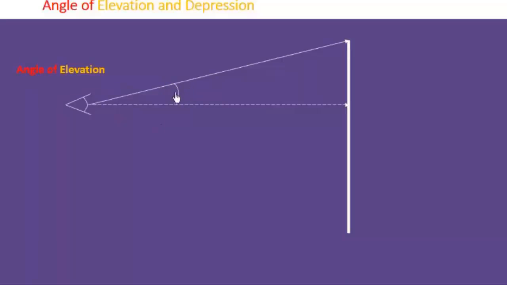That is what we call the angle of elevation. Then if the thing is below your eye level, then you have to move your head downwards to look at it. And that is what we call the angle of depression, the angle that it makes with the normal eye level.